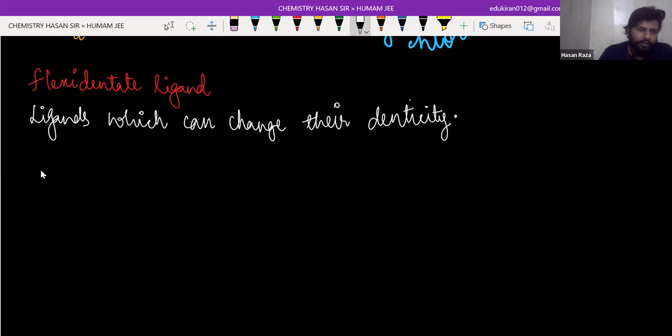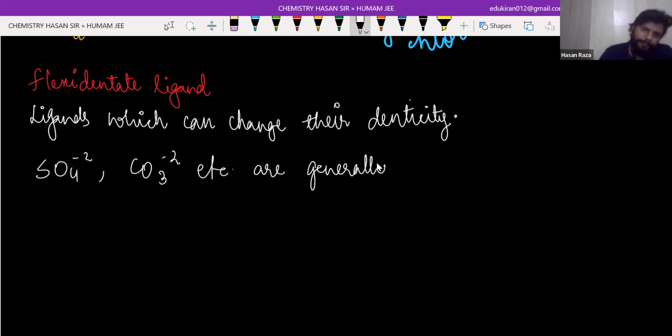Like SO3 minus 2, SO4 minus 2, CO3 minus 2, etc. generally act as monodentate ligands.